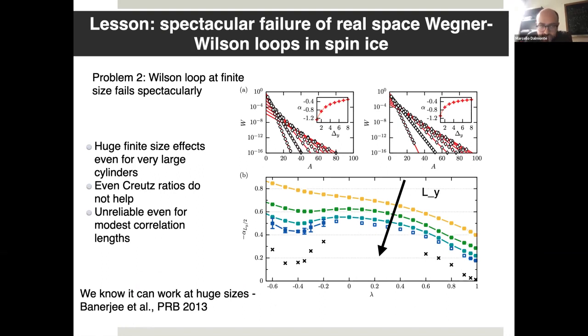Either due to finite size, or even, I mean, these cylinders were essentially much larger than the numerical simulation I mentioned before, and more or less of the same width as the experiments. And even utilizing certain tricks that people have developed in the context of lattice QCD, it was very unclear whether you can extract anything informative from real space correlation.